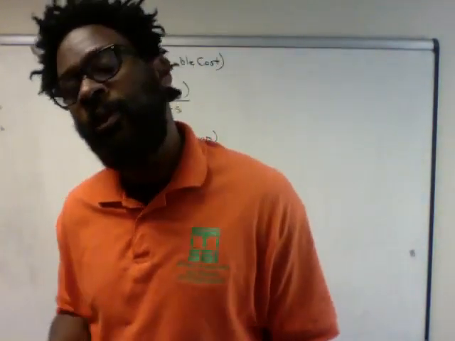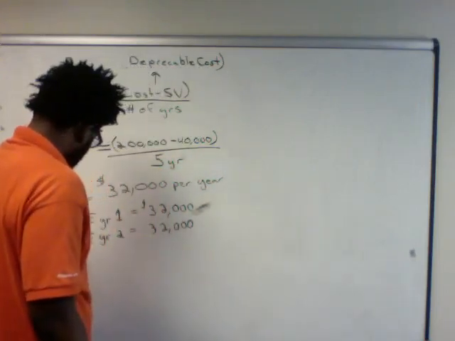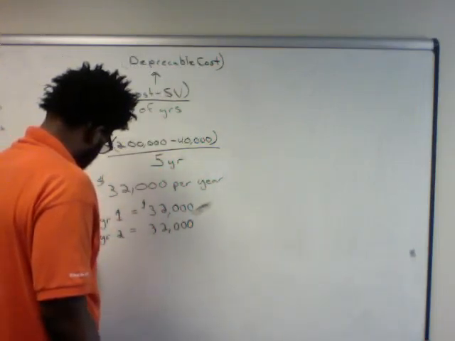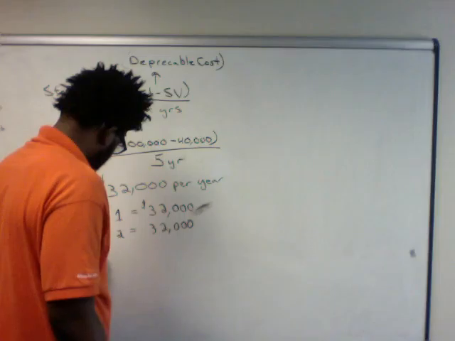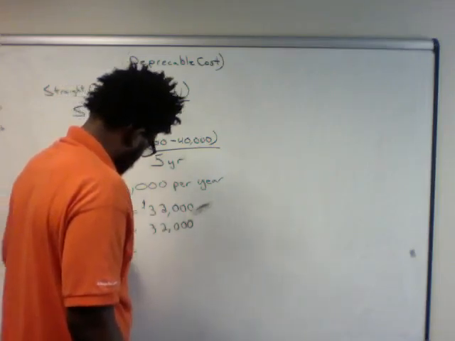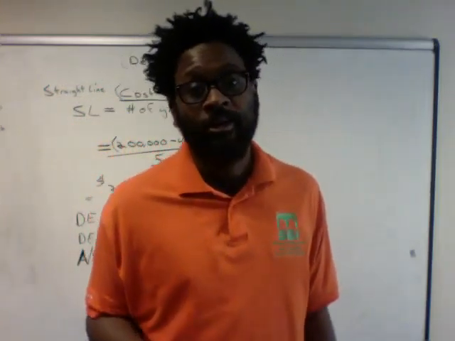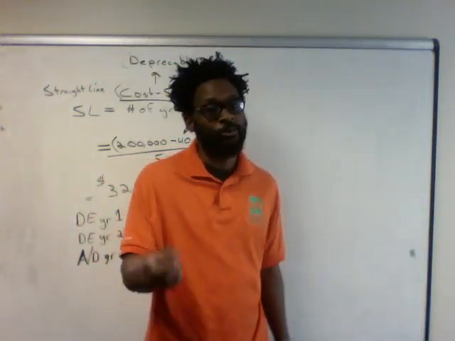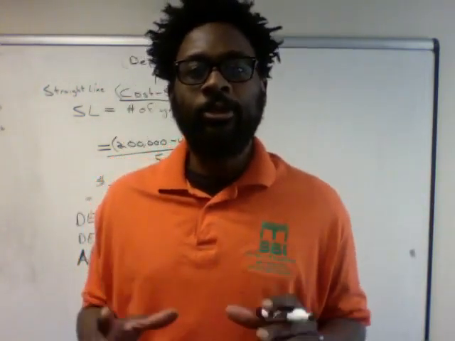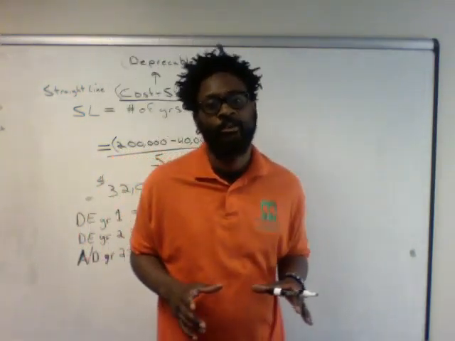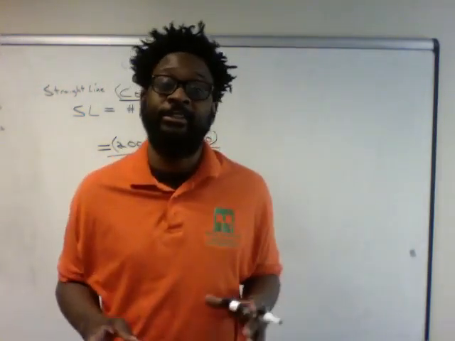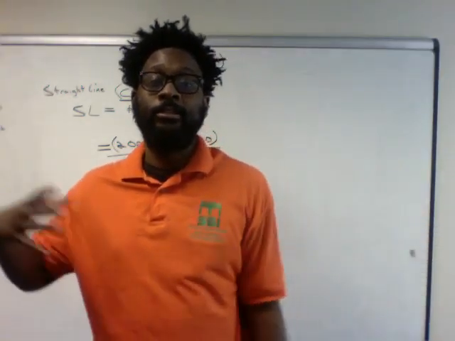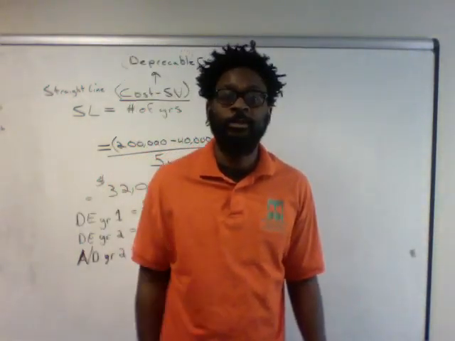But I could also ask you, what's accumulated depreciation for year two? Now, remember what accumulated depreciation is. Go back and review the other lectures about that. Accumulated depreciation is a contra account, right? And the key words are right there in the title. Accumulated depreciation. What does accumulate mean?